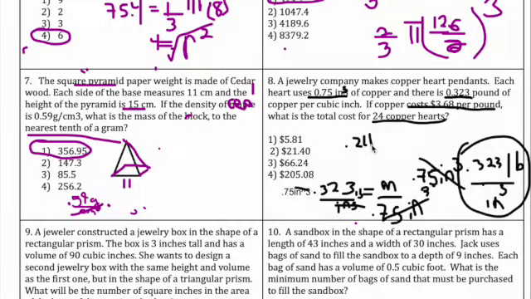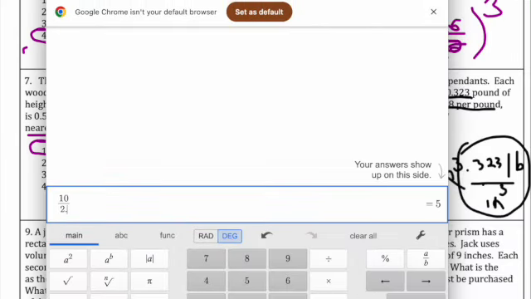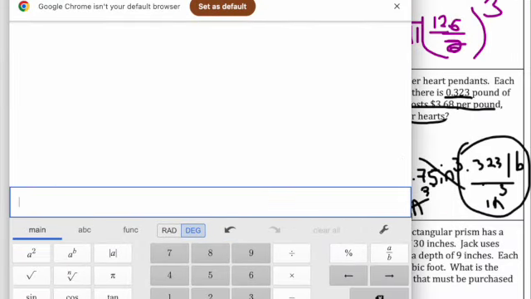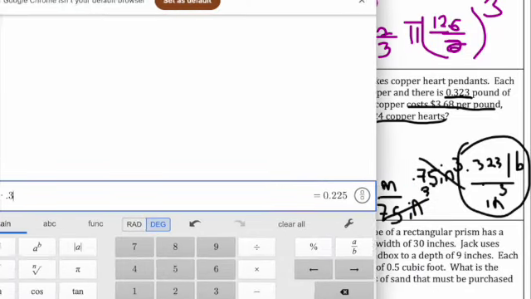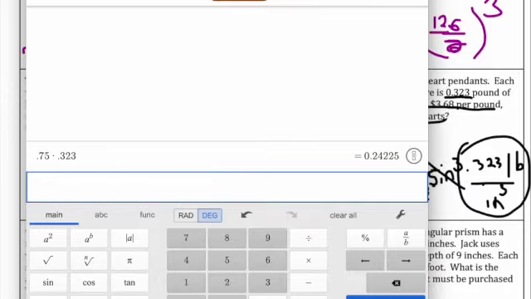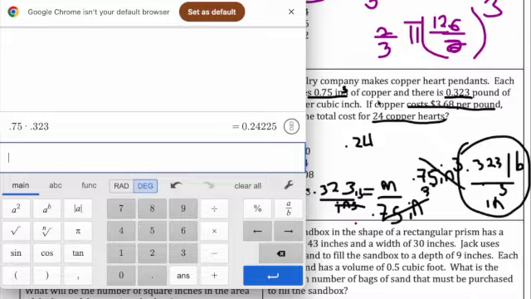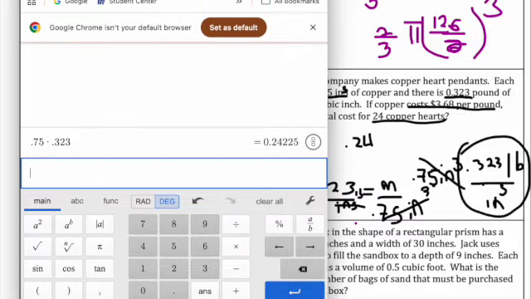I'm going to just use Desmos. 0.75 times 0.323, and the number we got is 0.24225. That's how much mass each copper pendant is.